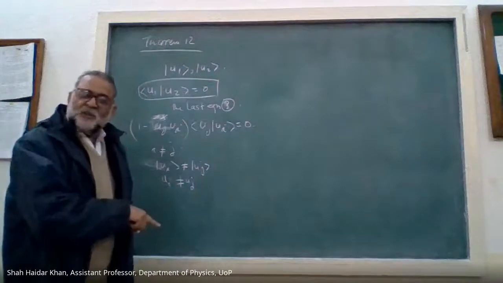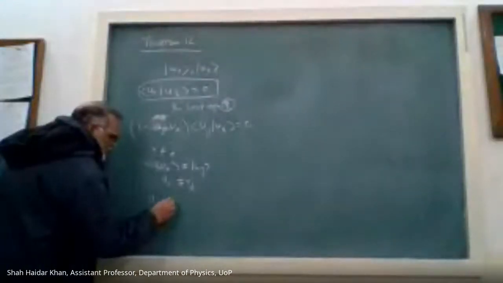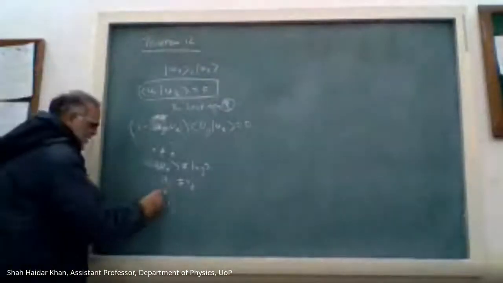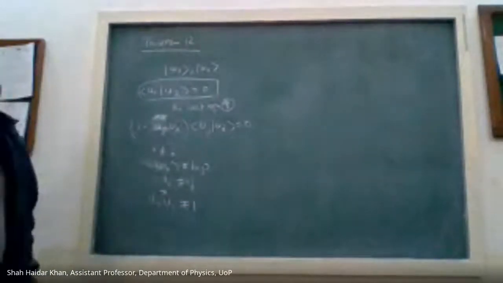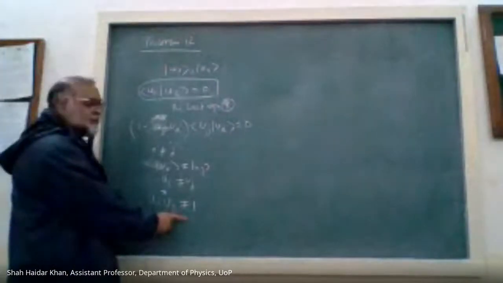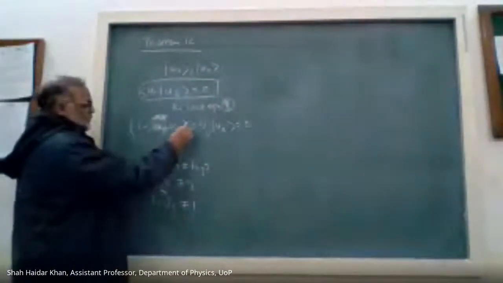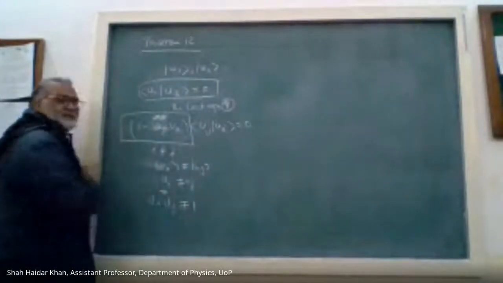But if they are not equal, it means u_i and u_j star is not equal to 1 because i is different from j. So when this is not equal to 1, it means this is not an option. This is not equal to 0.